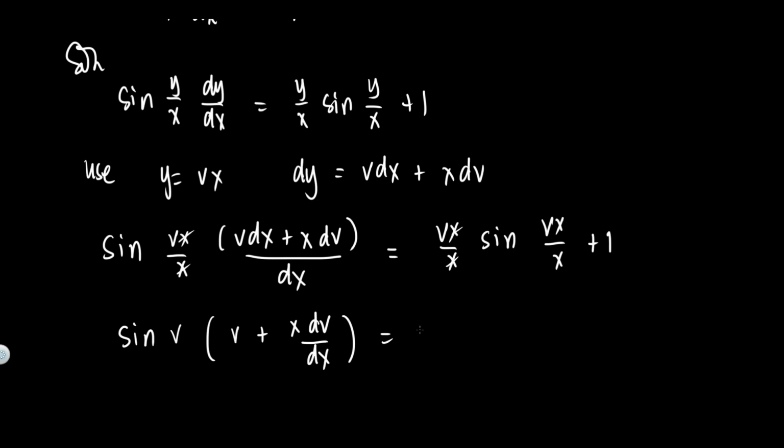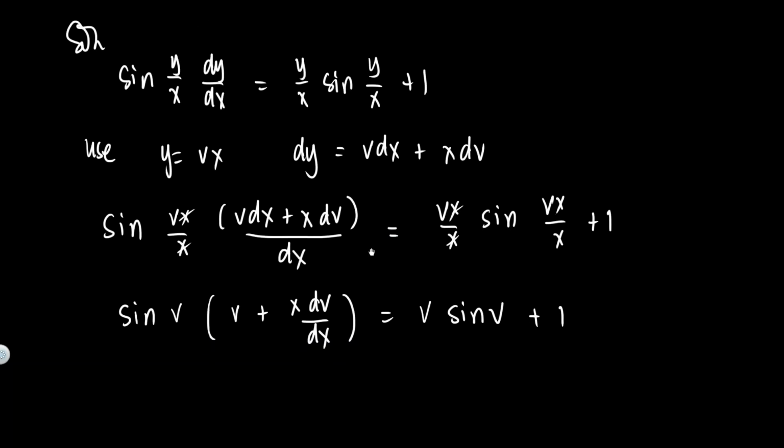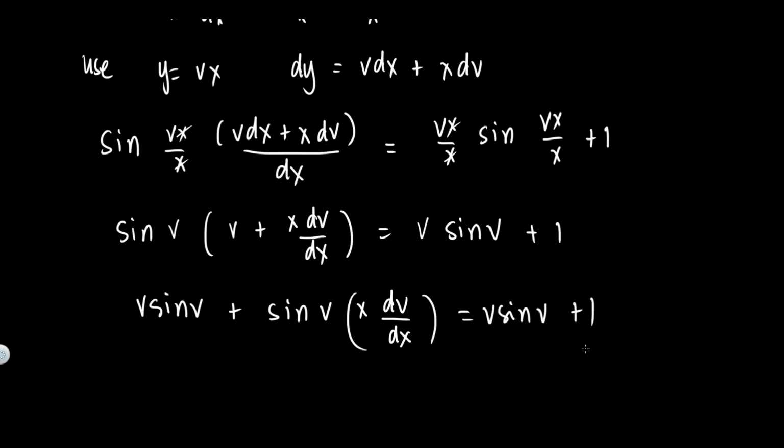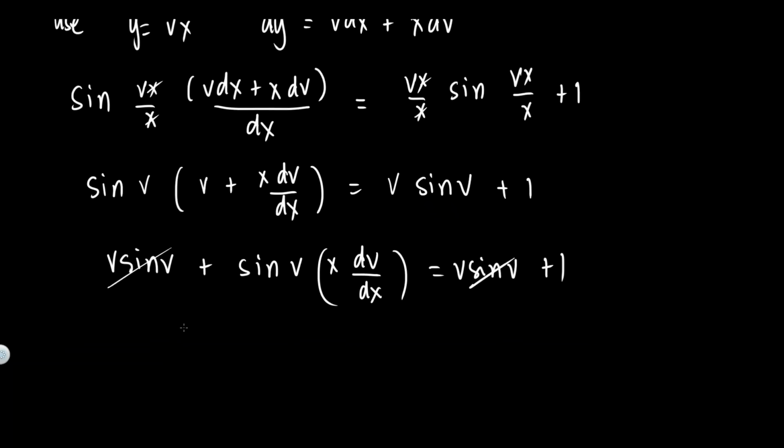Then equals v times sine v plus 1. Okay? Distribute the sine v. So we have v sine v plus sine v times x dv over dx. Okay? Equals v sine v plus 1. Cancel. What remains? What remains here is sine v times x dv over dx equals 1.